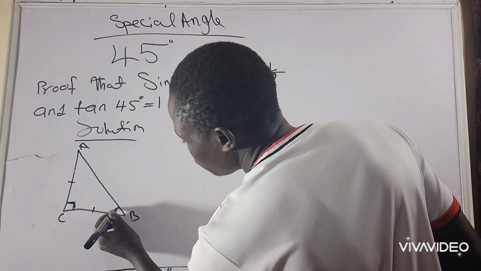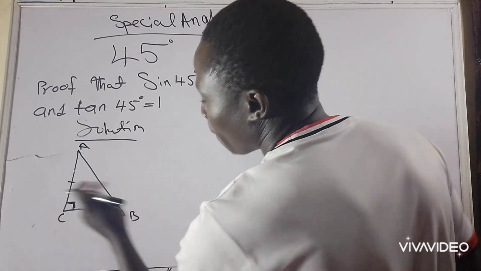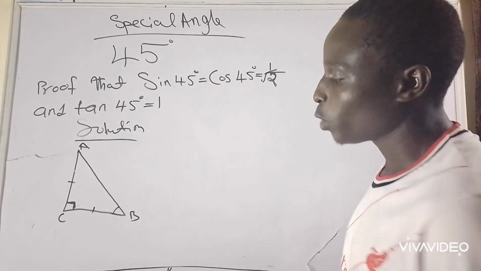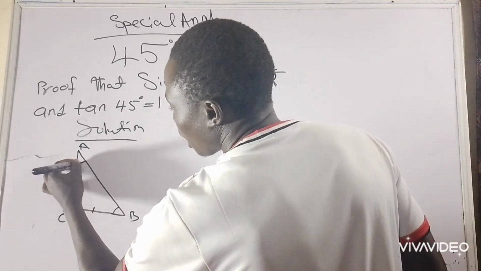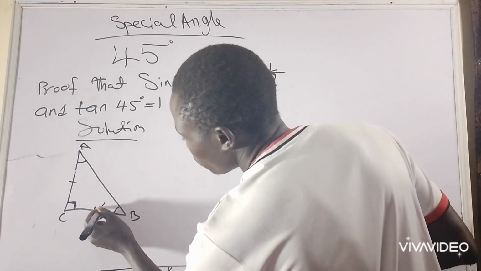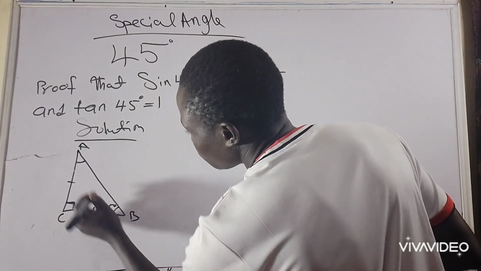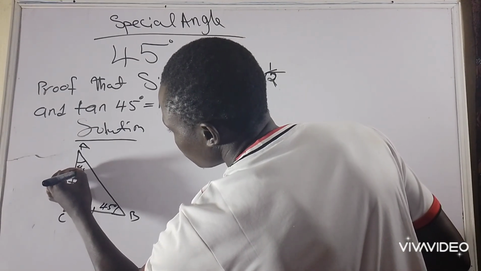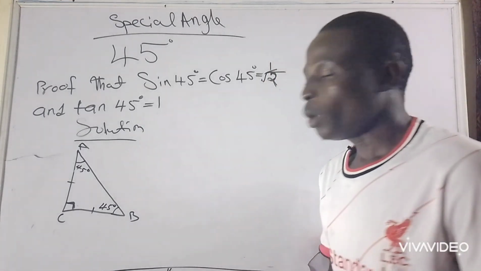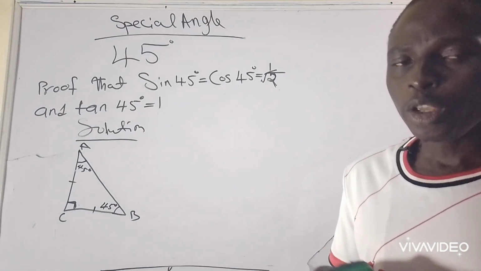So if one of the angles is 90 degrees and two sides are equal, that means the remaining angles are 45 degrees. So this is 45 degrees, and this is also 45 degrees. We can choose any unit.